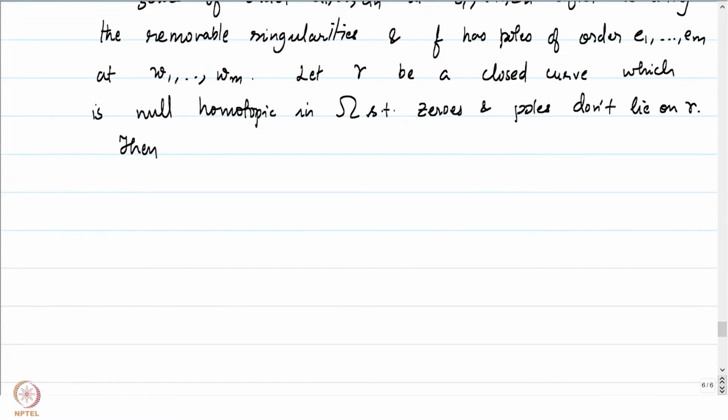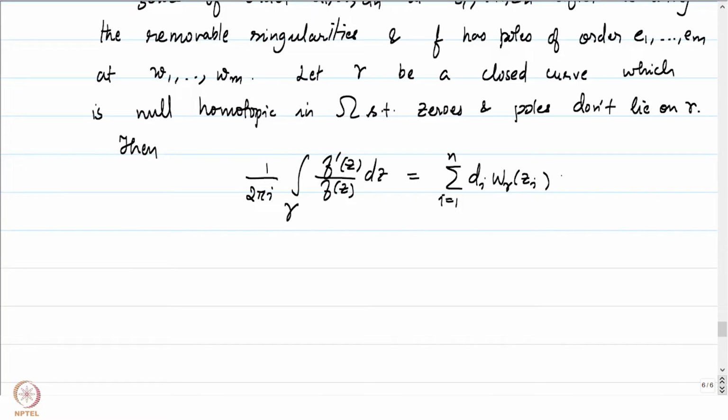Then the conclusion tells us that 1 by 2 pi i times the integral over gamma of f prime of z by f of z dz is equal to the summation of d_i times the winding number of gamma around z_i, where i is going from 1 to n, minus the summation over j from 1 to m of e_j times the winding number of gamma around w_j, where w gamma is the winding number.